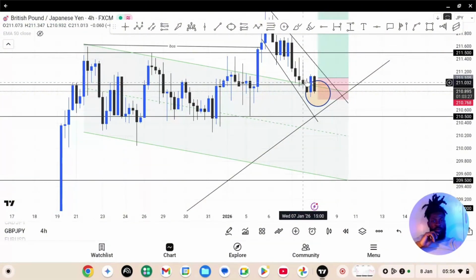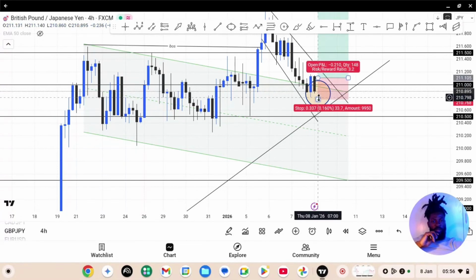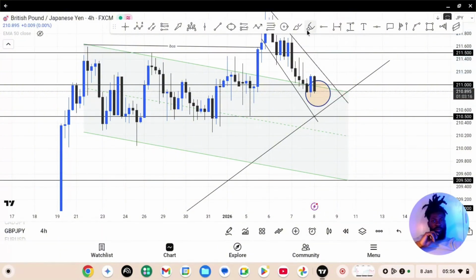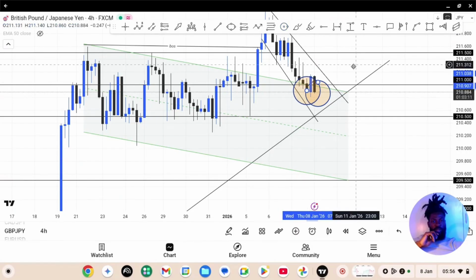When we push back, we have what I call a bullish tweezer pattern here, and for me, it's an entry confirmation. That was why I executed this trade.